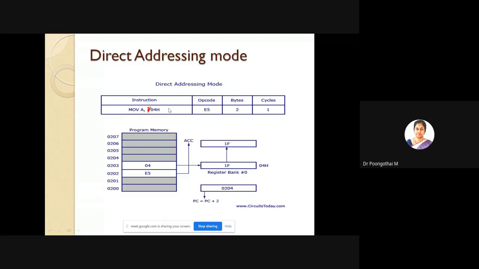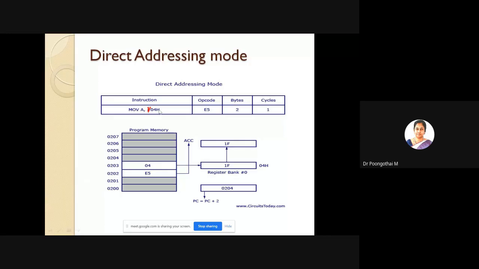So here, direct addressing mode, that is move A comma 04. It is not hash 04. Here the address of the data is given as the operand. So 04 is the address of register 4 of bank 0.